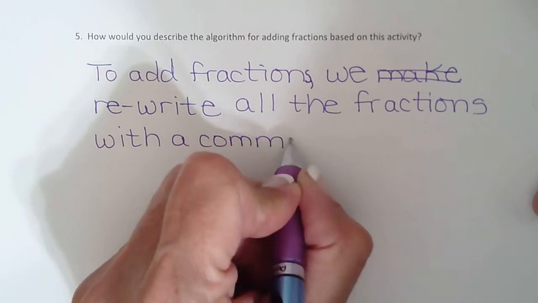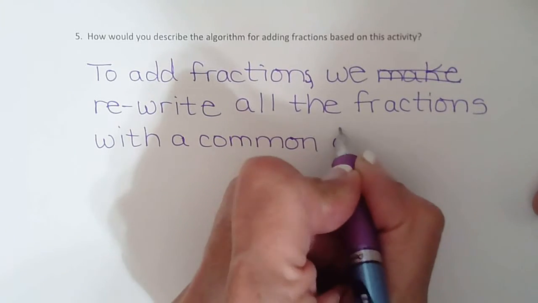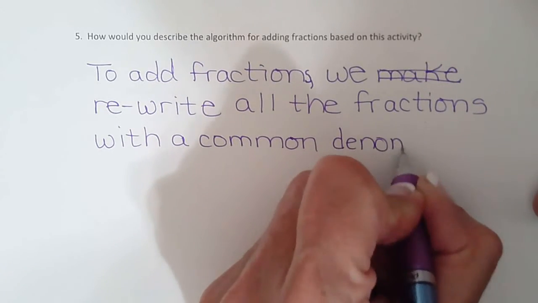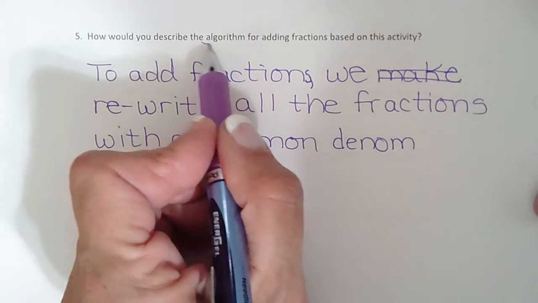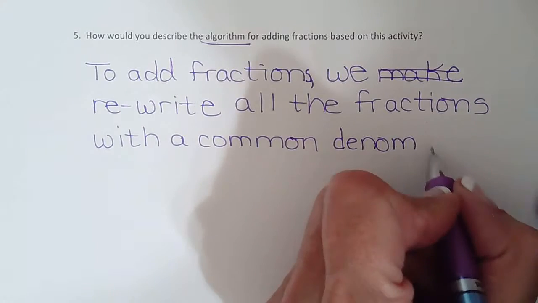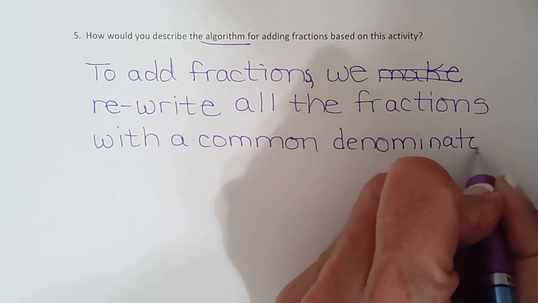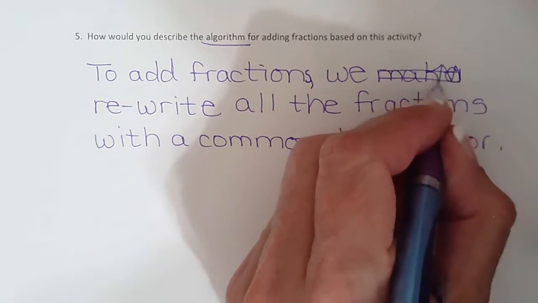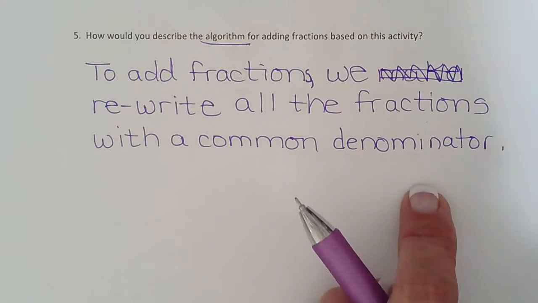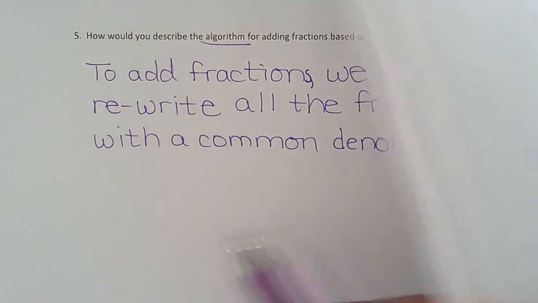So we're just pretending that we're writing to someone that doesn't know how to add fractions. So we're writing out the algorithm, which is the rule. So common denominator. So first we rewrite all fractions so they have a common denominator. Then think about what we did.